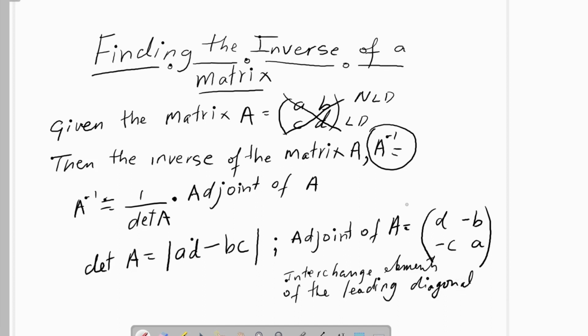If you notice, we have A at the top, so A will come down to the bottom. We interchange the positions of A and D, so A goes where D is, and D goes where A is. And for the non-leading diagonal, we just change the signs.